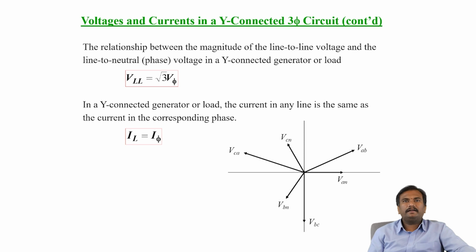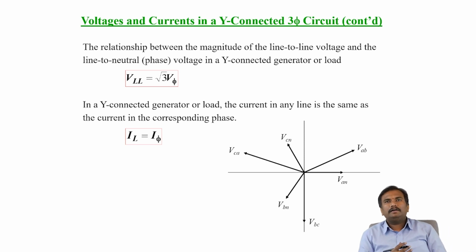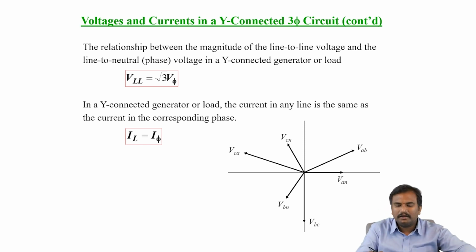Here in the star connection, how do the voltage parameters change between phase voltage and line to line voltage?